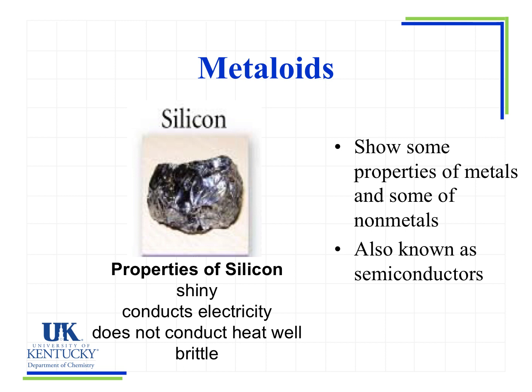For the metalloids, on the other hand, we have the properties of both metals and non-metals. Silicon, for example, is shiny like metals. It conducts electricity like metals, but it does not conduct heat very well, like non-metals. And it's also brittle like non-metals.